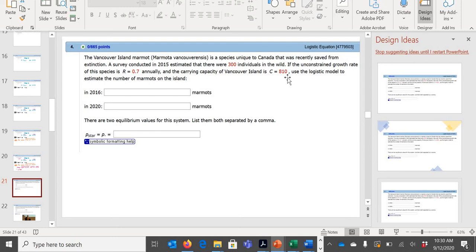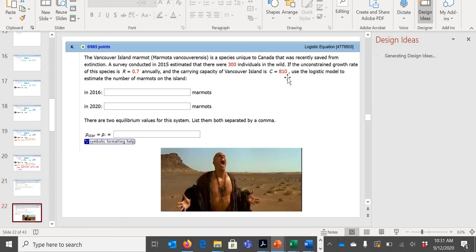But the closer you get to that carrying capacity, life gets harsher, and people will not have as many babies. It's harder to survive. As you hit that carrying capacity, your population is going to plateau. And so that's the idea behind the Verhulst model, the bigger picture.